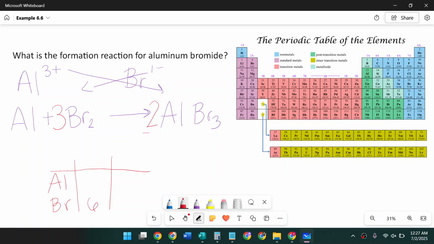And then on the product side, I have 2 times 3, and that makes 6 on this side. For the aluminum, I have 2 on the product side, but on the reactant side, I only have 1. But if I put a 2 in front of it, it won't affect anything else. But it gives me 2 atoms of aluminum on that side. And so now it's balanced. And we can go back and check one more time if we want.